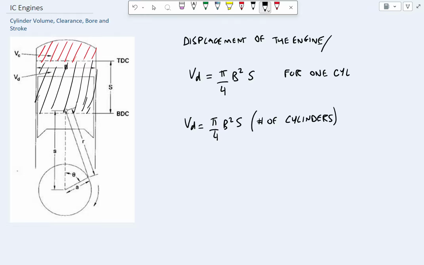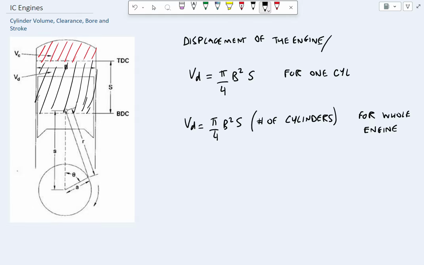So we would just multiply by the number of cylinders, and that would be for the whole engine. This is important to note because sometimes when you're calculating volume displaced, you might forget that you need to multiply by the number of cylinders. So very important not to forget about that.